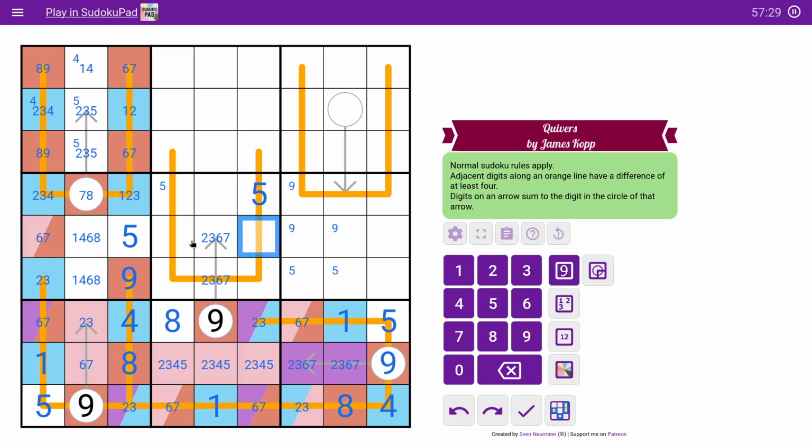Okay, but now suppose that the 9 is below. One, 2, 3. 6, 7.